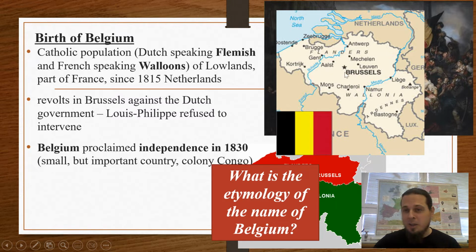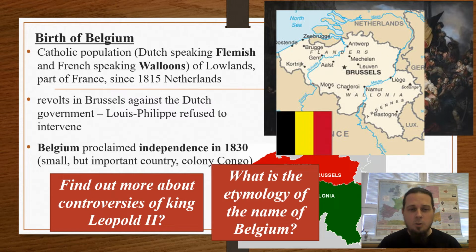So that's why he needed to invade it. Romans invaded it. So when these Flemish and Walloons were looking for the name, they found it about 2,000 years ago.